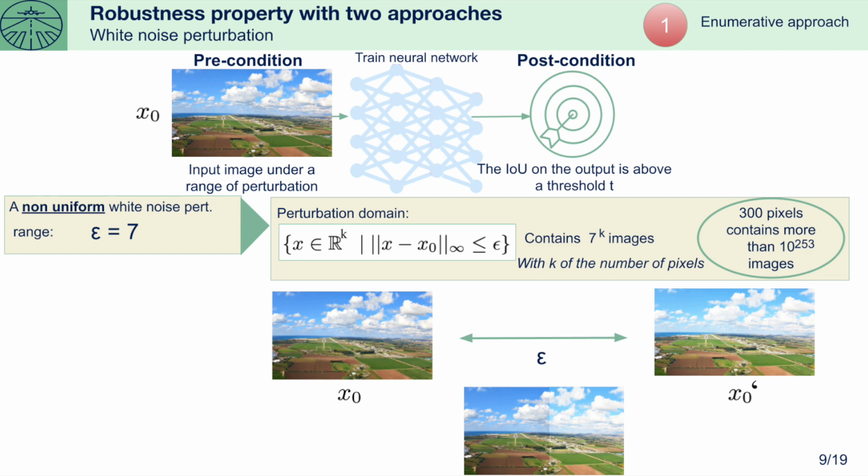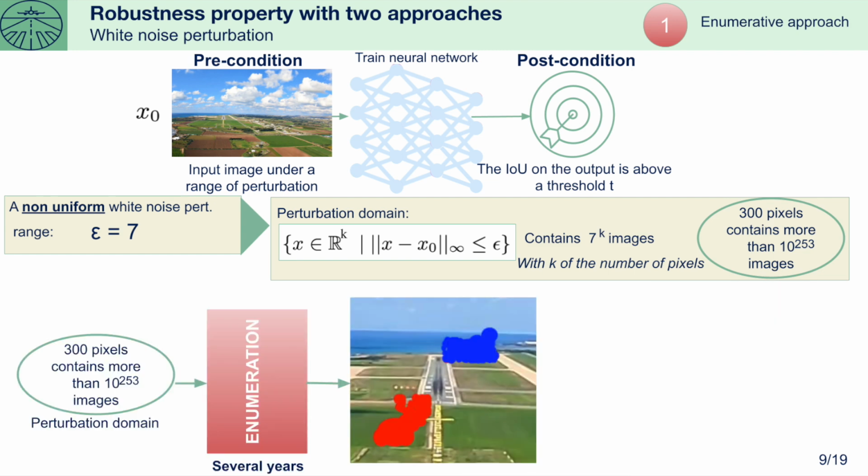In this case, the perturbation domain contains 7 to the power of k images, with k the number of pixels. For a very small image of 300 pixels, it contains more than 10 to the power of 200 images. Wow, that's a lot. So using an enumerative approach here is impracticable because it will take several years to compute all the reachable bounding boxes.